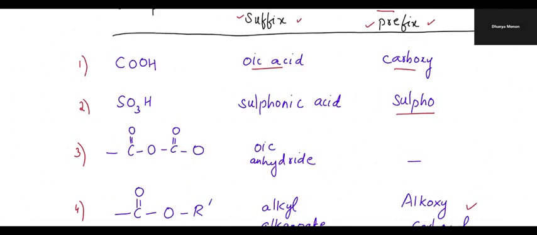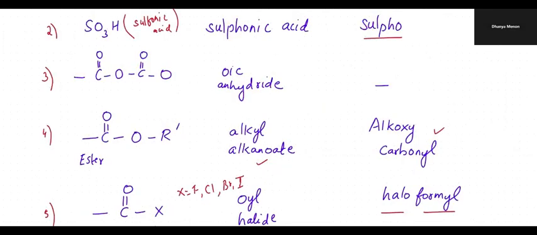So this is the acid. This is the sulfonic acid. Third one is acid anhydride.